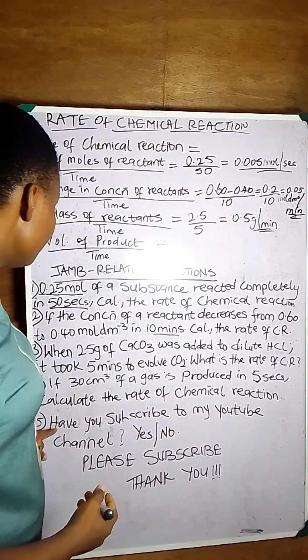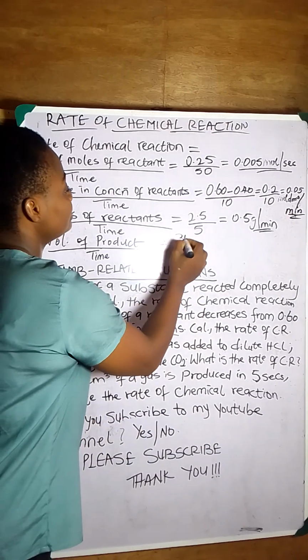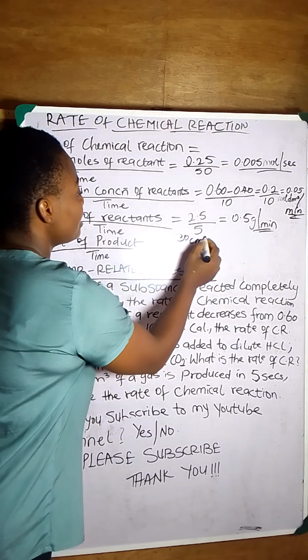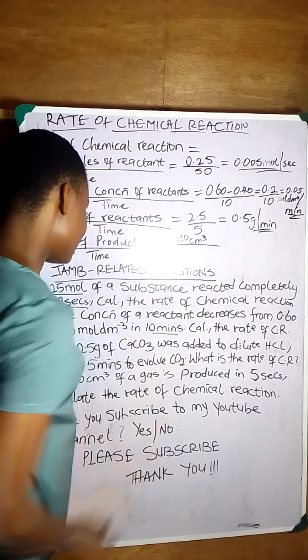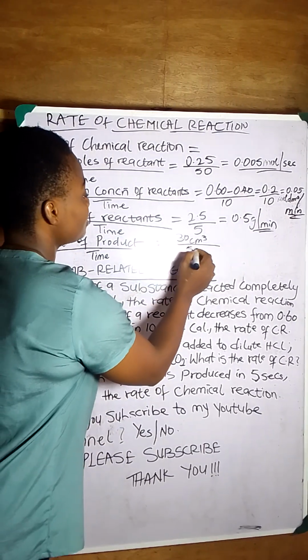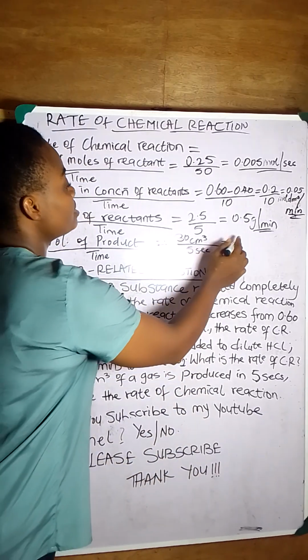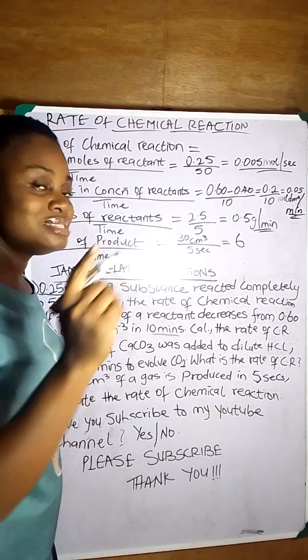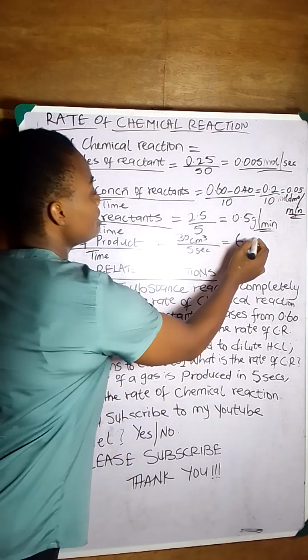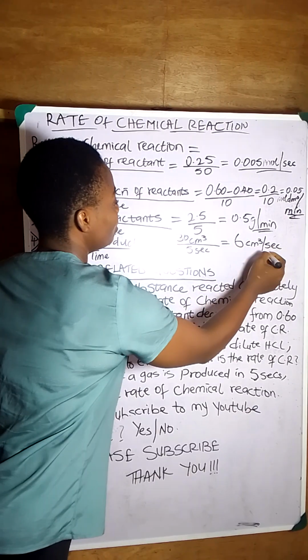What is the volume of the gas that is produced? 30 cm cube. So here I have 30 cm cube, and the time it takes to produce the gas is what? 5 seconds. Beautiful. So when you divide 30 over 5 will give you what? 6. And what is the unit? Very, very important. cm cube per second. Please do not forget all this.